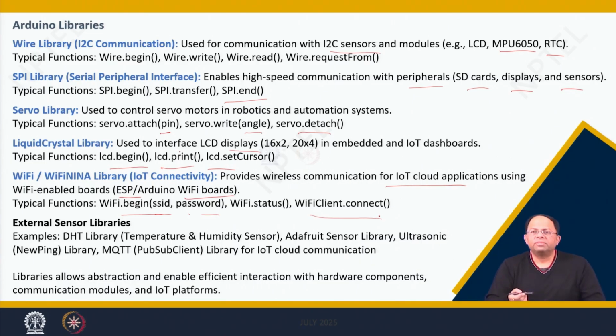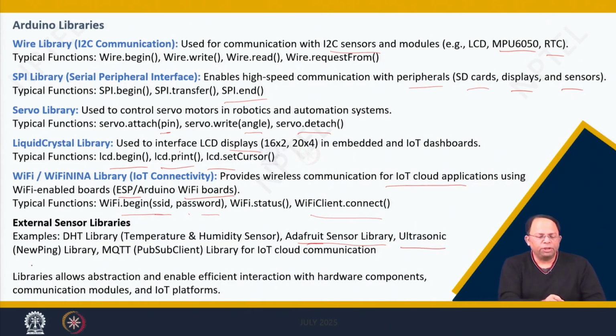And then we can also include several external sensor libraries, which are not part of the Arduino IDE, but we can add them. These are like the DHT library for temperature and humidity sensors, and the Adafruit sensor libraries, where there are several sensors under that.